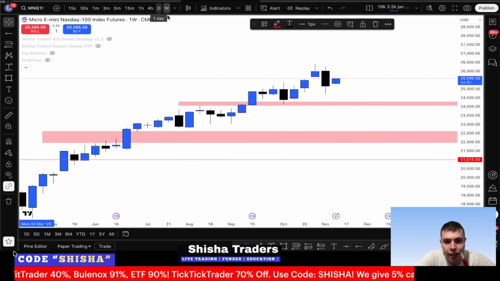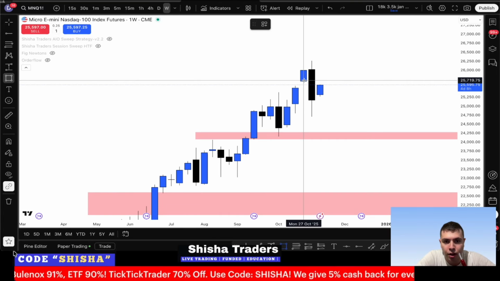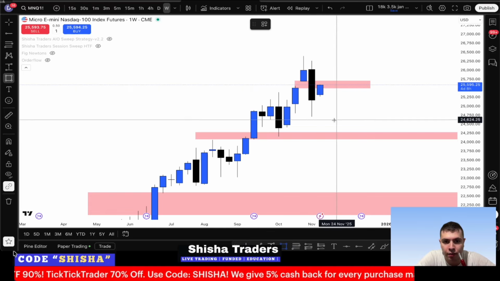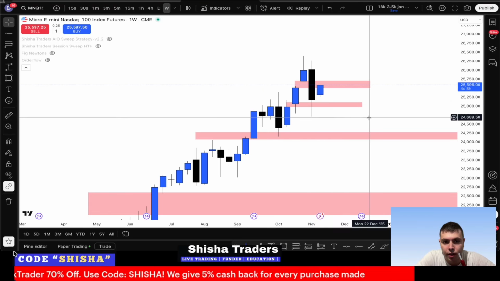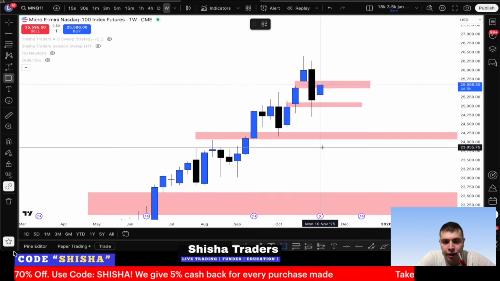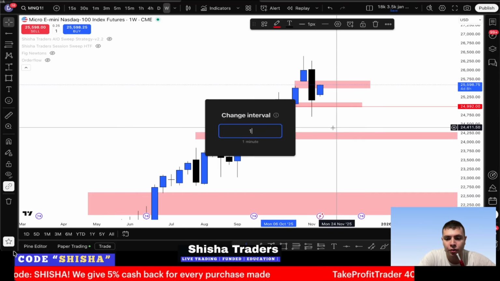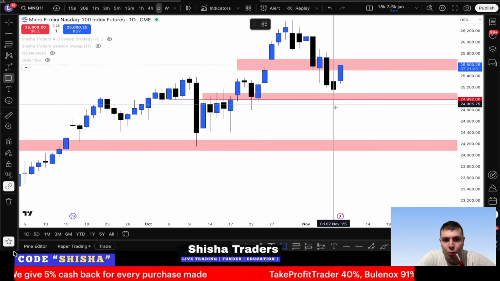If you go on the weekly, you'll go down like this, and you'll see that here we got a bearish FVG, a volume imbalance, and here we have a bullish one. That's on the weekly, right? And we got another block here. Then if you go, I don't know, on the daily, you will see that we swept this low.